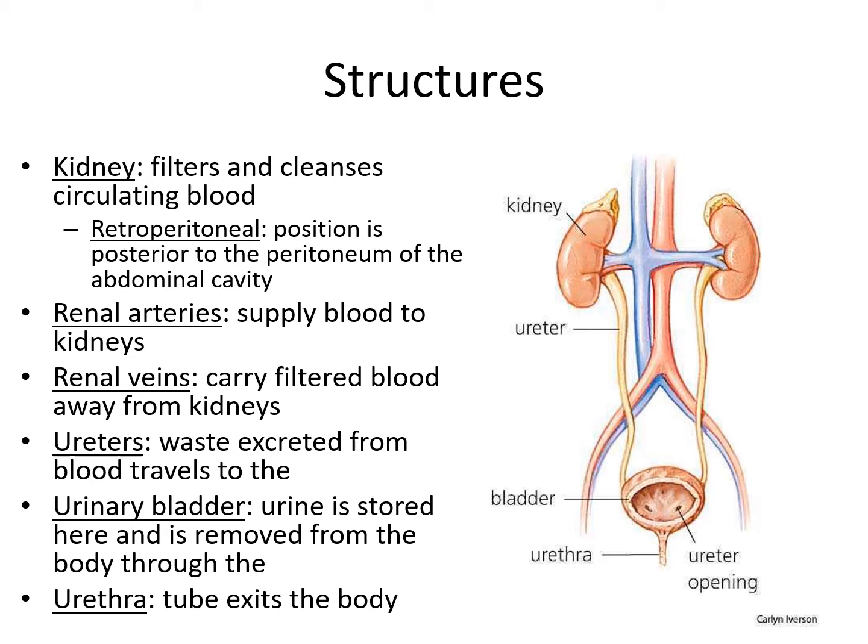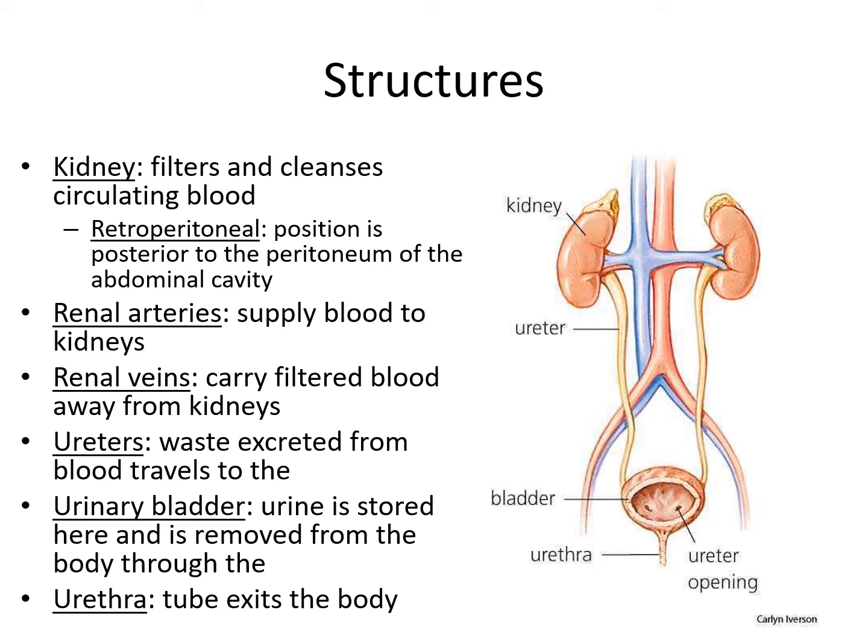They are retroperitoneal, which refers to their position in your abdomen, where they are posterior to the peritoneum of the abdominal cavity. Remember that the peritoneum is that sac that surrounds your abdominal cavity.